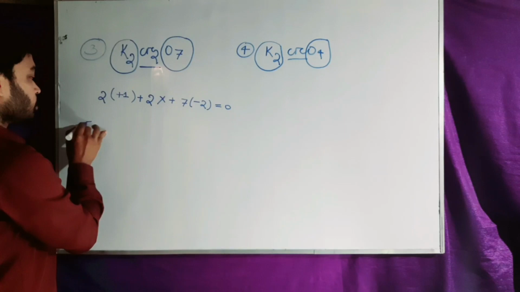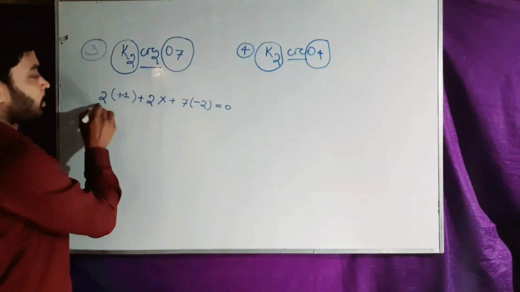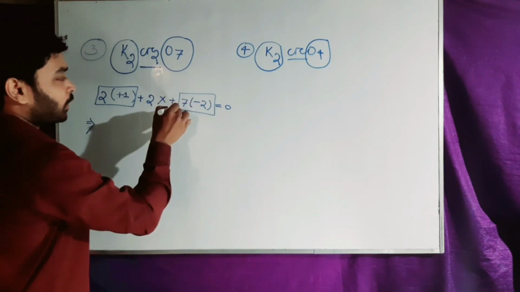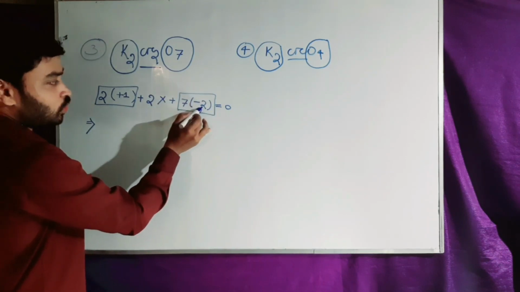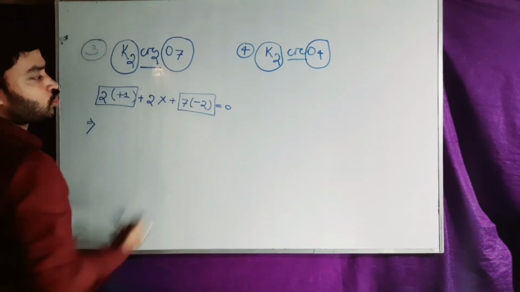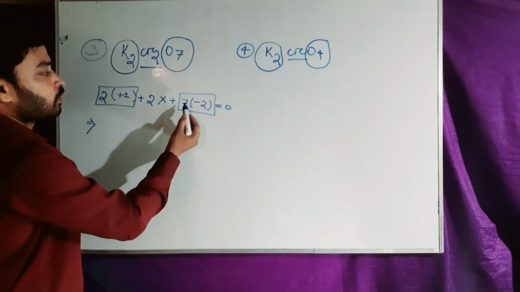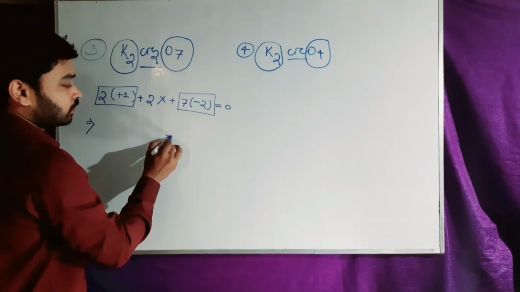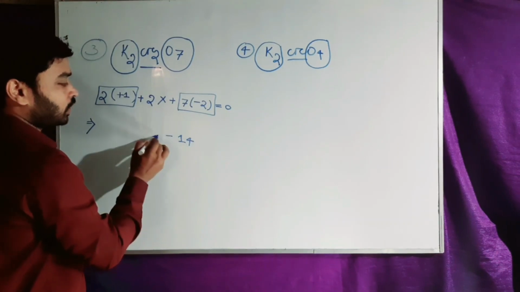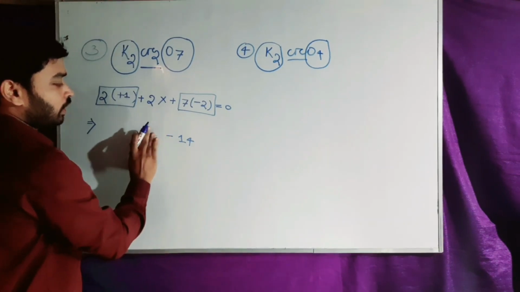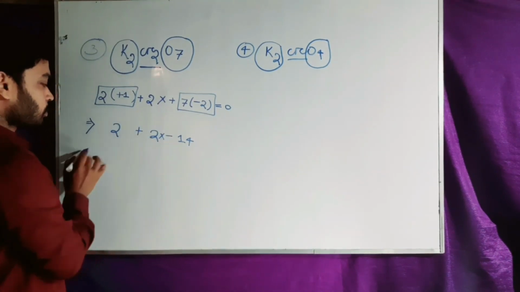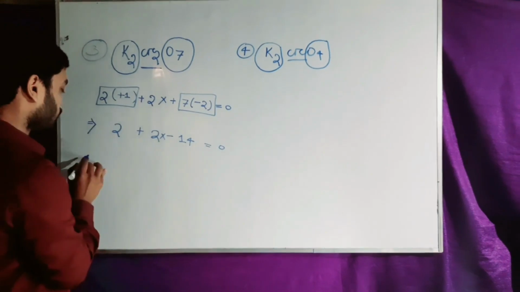Solving the values, 7 times -2 is -14, and we have 2x, and the sum equals 0.